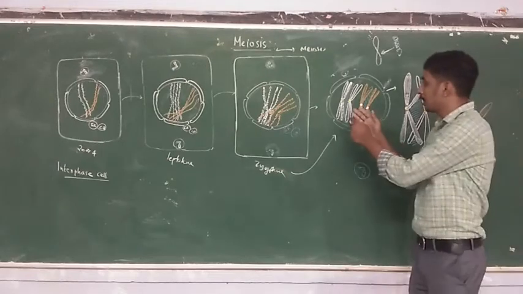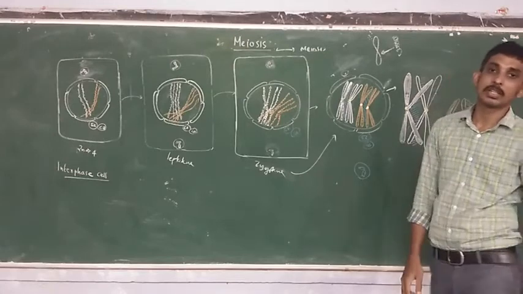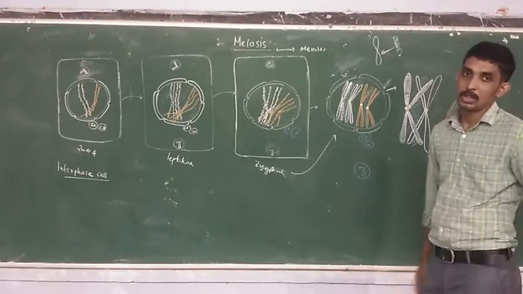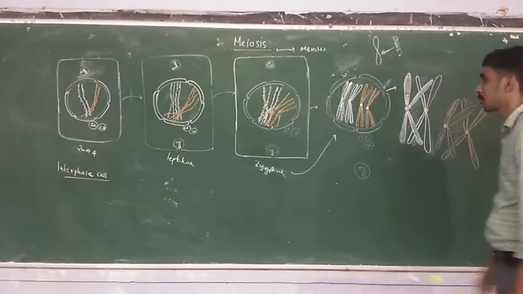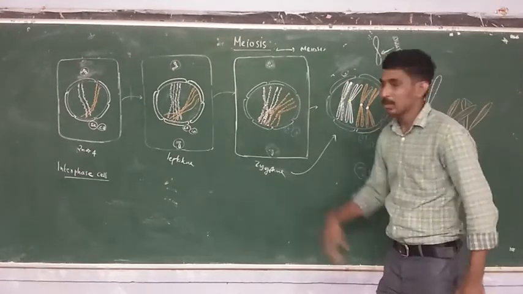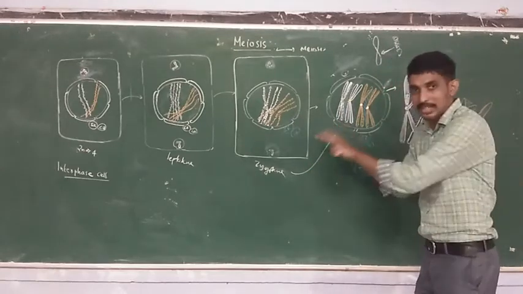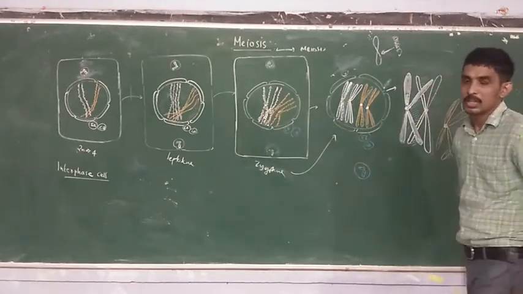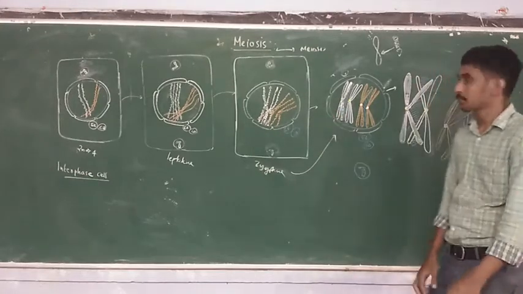Here pairing occurs with the help of a proteinaceous connecting material called the synaptonemal complex. Those proteins which help synapsis are called the synaptonemal complex. During all these events, the nuclear membrane, Golgi body, centrosome, etc. remain like that. There will be no significant difference in those organelles.